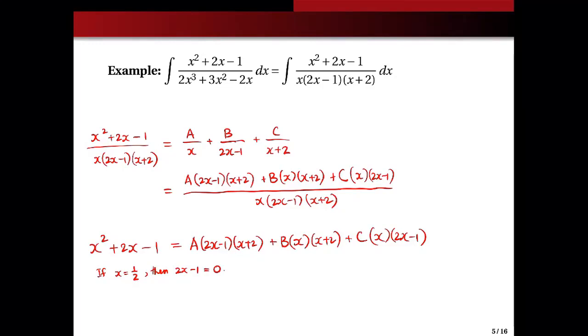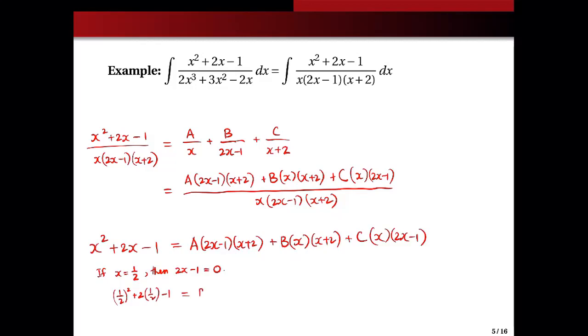So if x equals 1/2, on the left-hand side, you have 1/2 squared plus 2 times 1/2 minus 1. For the right-hand side, this is 0. This is also 0.